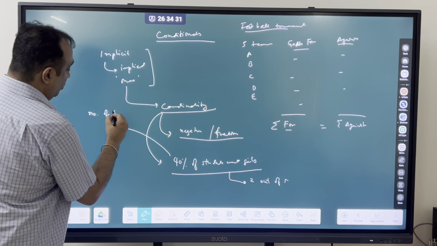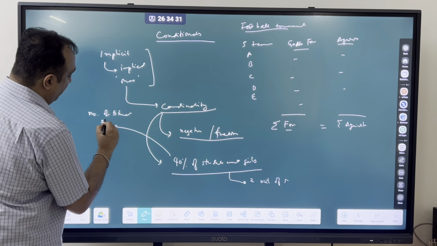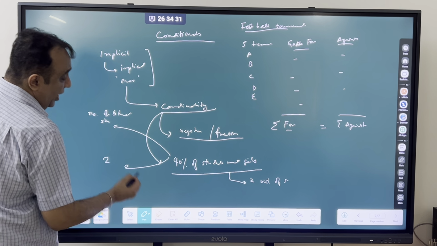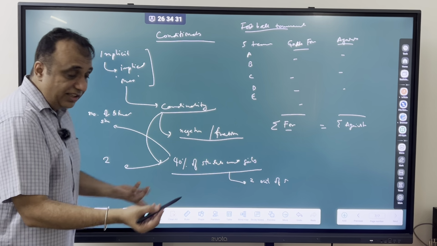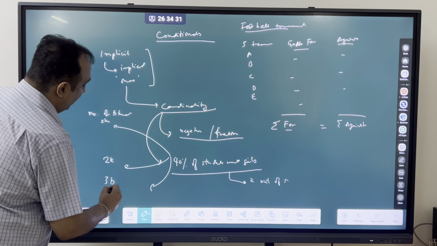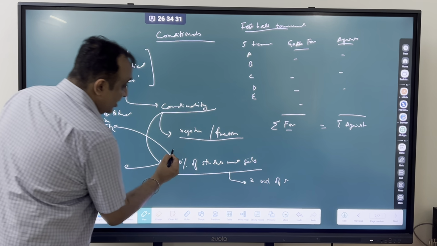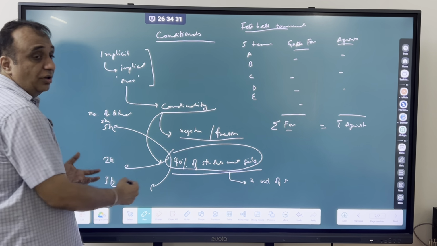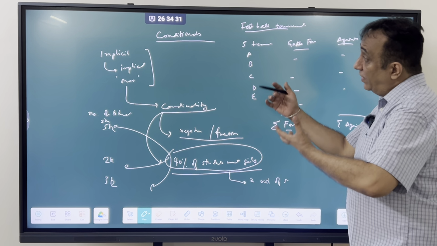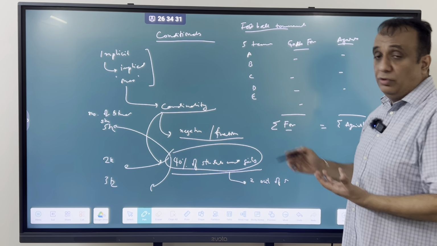So the number of students in the school should be a multiple of 5, the number of girls should be a multiple of 2, and if we consider that the other gender is only boys, the number of boys should be a multiple of 3. So this should be 2k, 3k and 5k. This is what is hidden, and this might help you solve questions later. So there are scenarios when the conditions which are implicit might come into play.